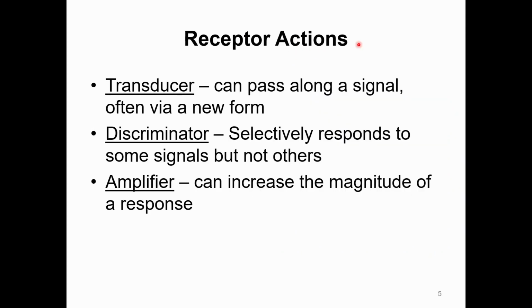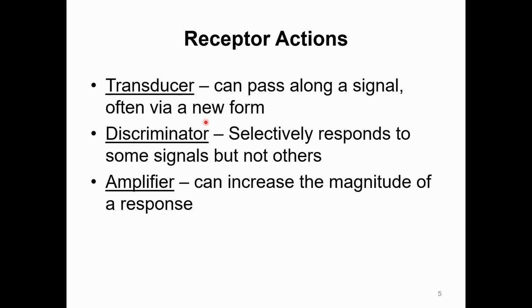So receptors act as transducers because they can pass a signal along, but often they change it into a new form. It's kind of like you get an email and you have some information, and then you convey it to another person in the form of a text message, right? You've taken information and turned it from one form into another. That's sort of analogous to what's going on here.